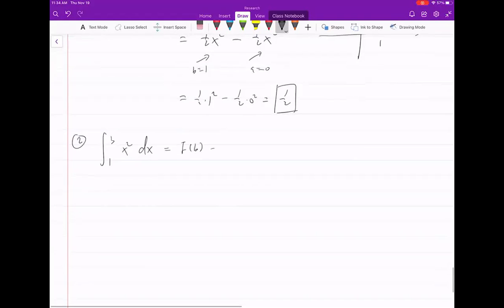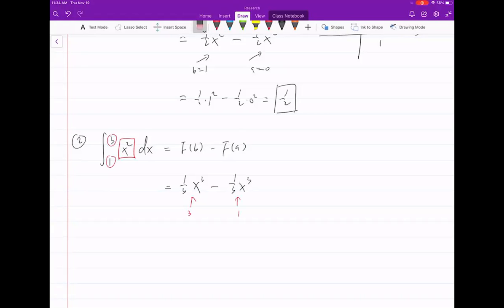F of B, F of A. What is F? F is the antiderivative of what you put here. Do you know the antiderivative of x squared? x cubed over 3. For both. Okay. Difference? For this one, you plug in 3. For this one, you plug in 1, which come from here and here.